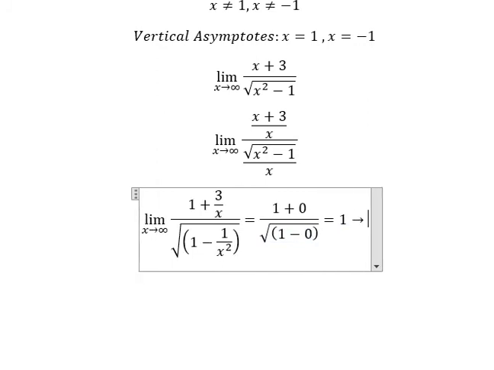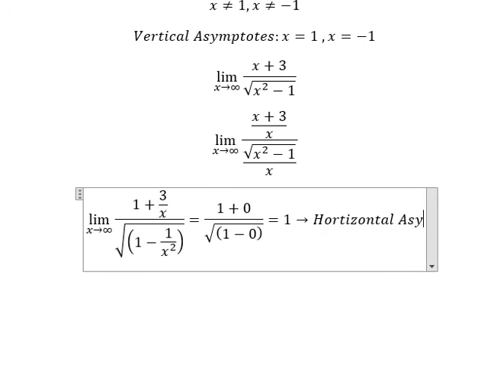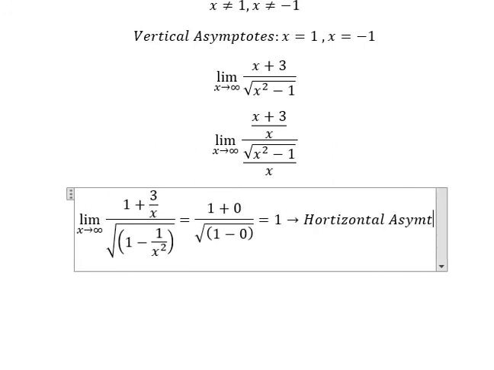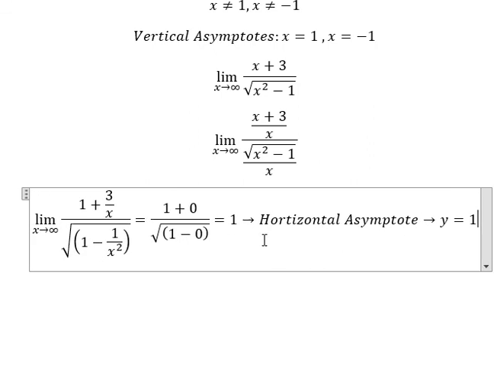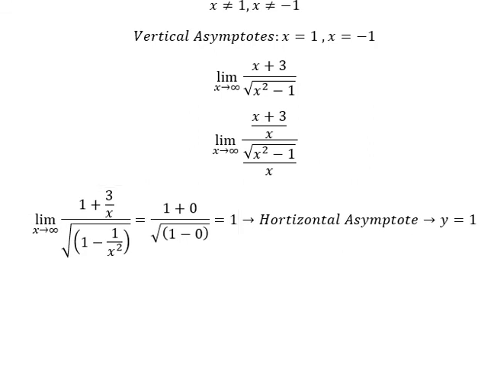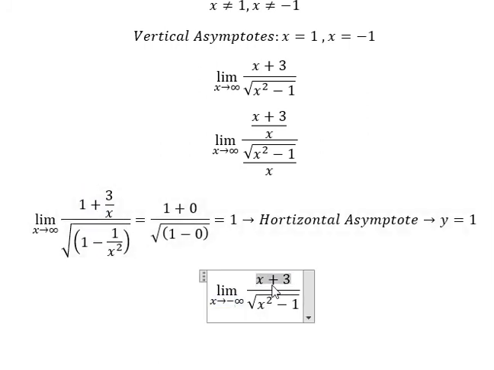And now this is a horizontal asymptote, and that's y equals 1. And now we will go to negative infinity. For negative infinity, we do the same technique, but this one goes to negative infinity, while this one goes to positive.